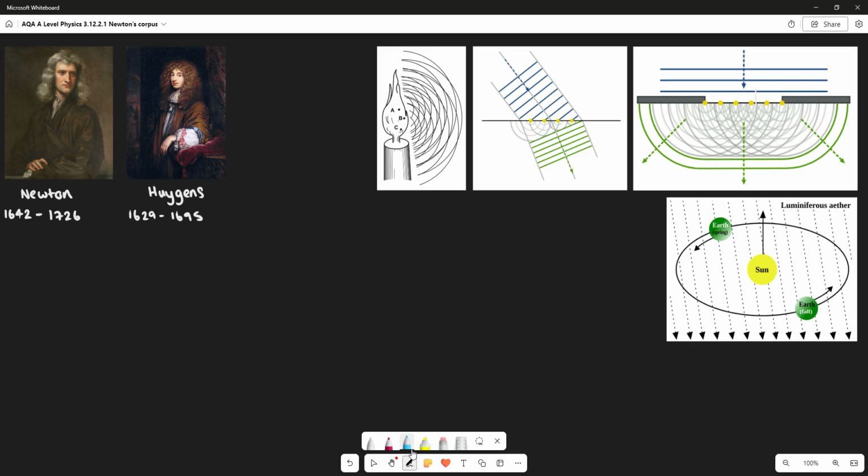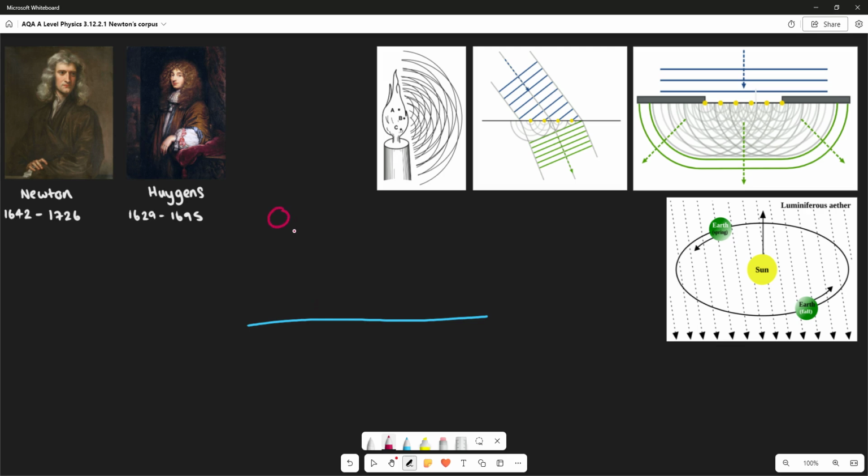Let's have a look at Newton's corpuscular theory of light. So in order to explain reflection, Newton had the corpuscles approaching a reflective surface and then simply rebounding, bouncing off that surface. His theory about refraction was very different, and he had to come up with some ideas that do not hold true nowadays.